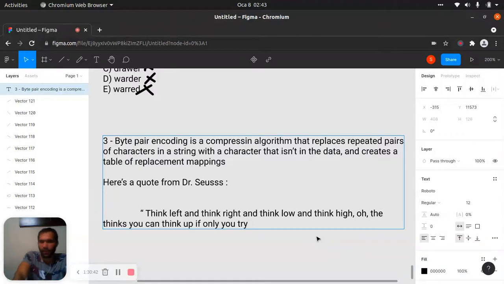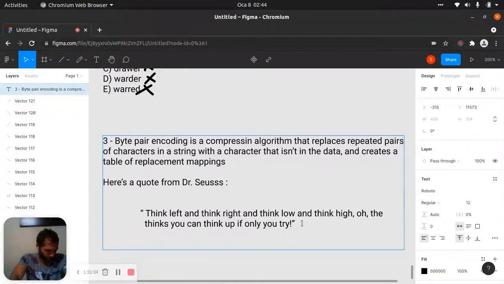This is some brainstorm. Anyway, thank you, Dr. Seuss, for these amazing philosophic sentences.